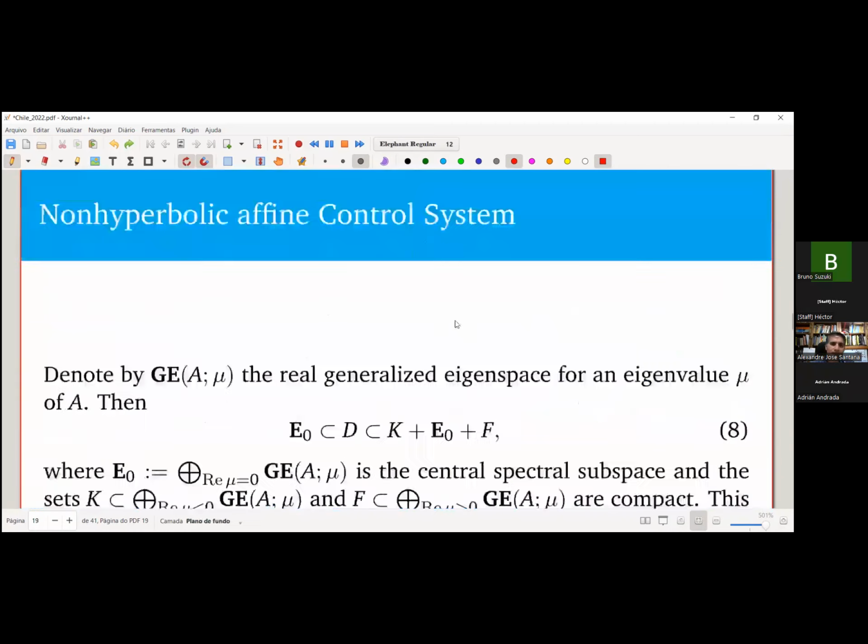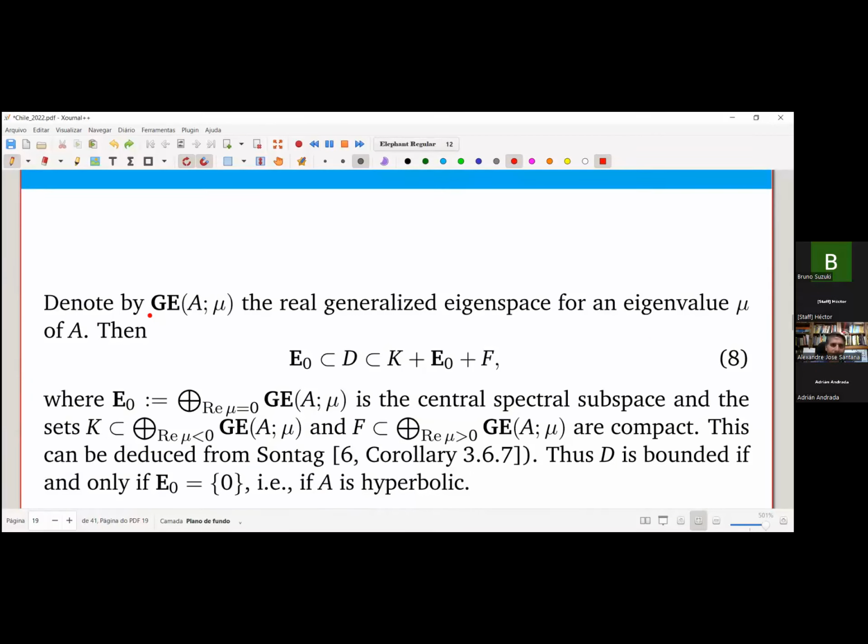Then we will denote by GE the real generalized eigenspace for an eigenvalue μ of A. Then we can prove that E0 is inside the control set D. This is the control set of the linear system.